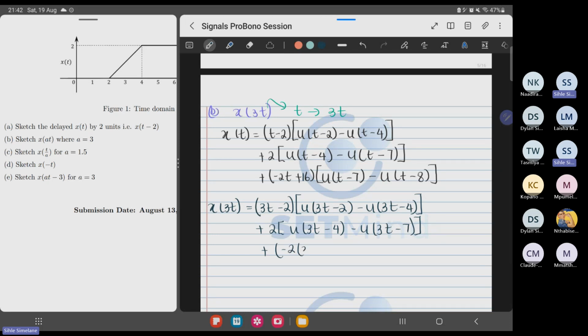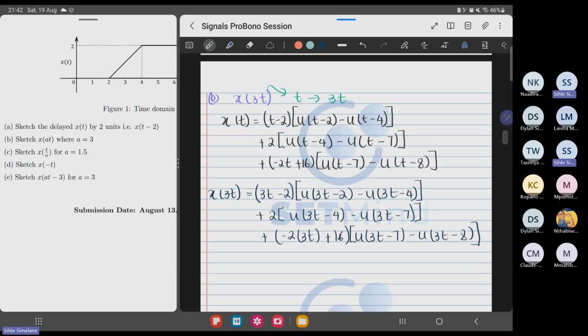So negative 2, 3t plus 16 into u of 3t minus 7 minus u of 3t minus 8.